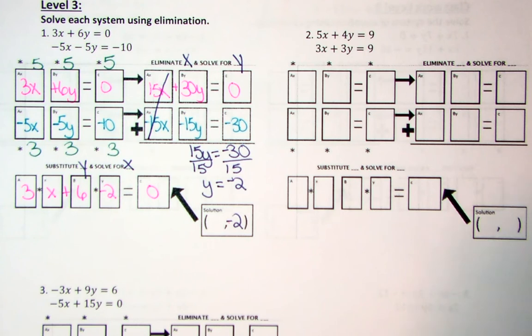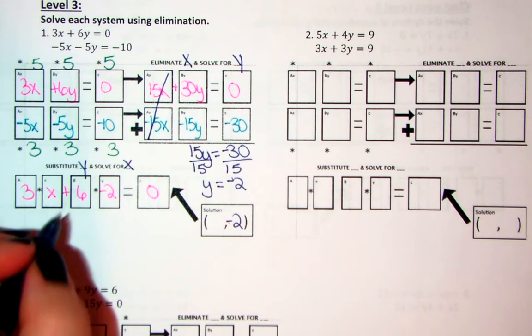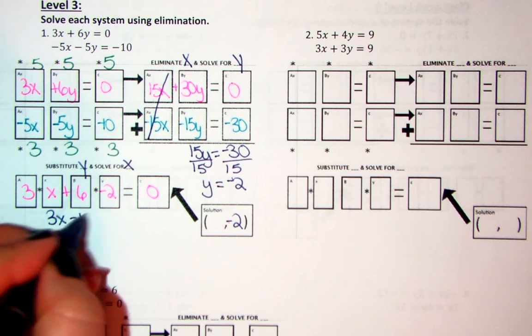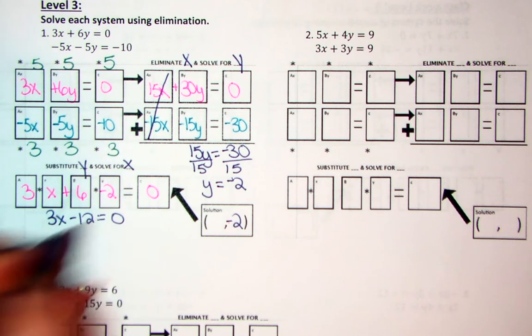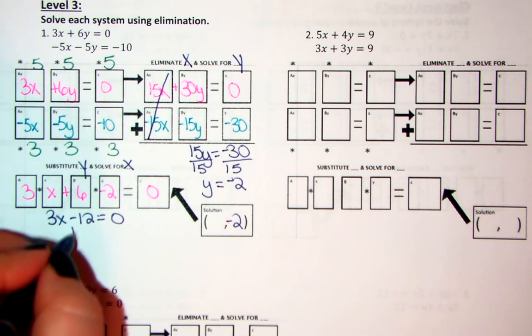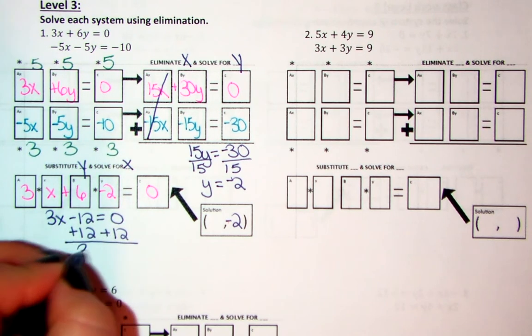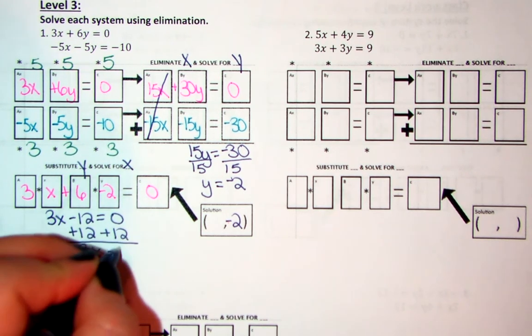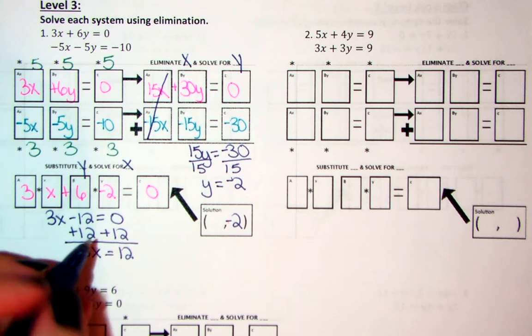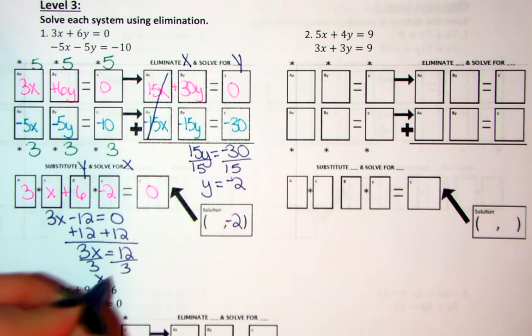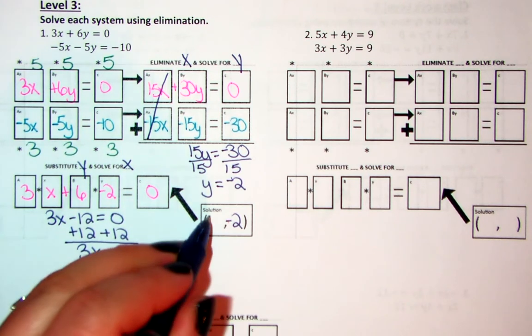And to solve that out, 3 times x is just 3x. 6 times negative 2 is negative 12 equals 0. We'll add 12 to both sides. And 3x is equal to 12. Divide both sides by 3. And x is equal to 4.